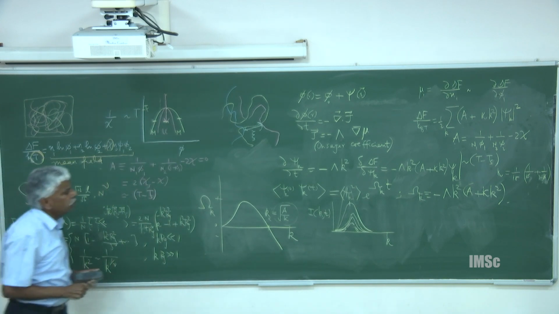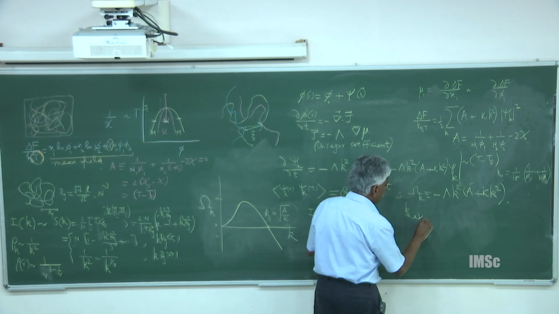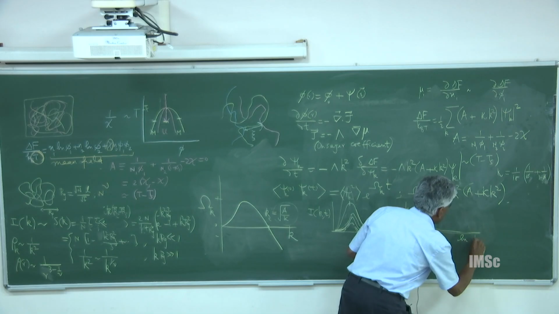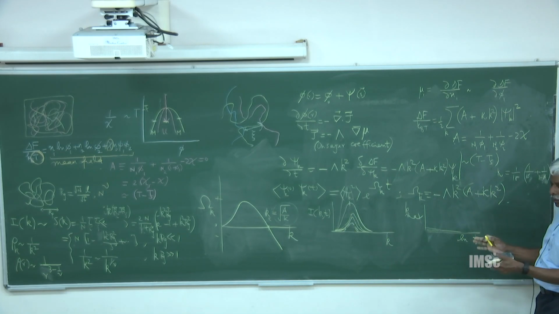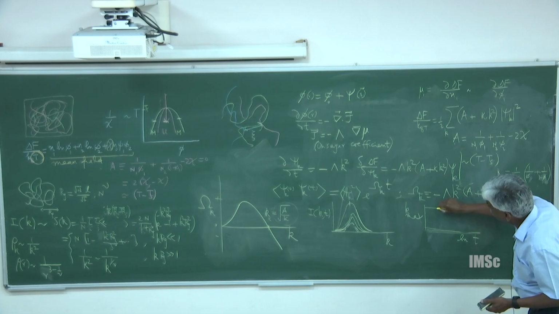Okay. So let me plot k max as a function of time, logarithm of time. What will happen is, for early times, k max would be somewhere here, flat.